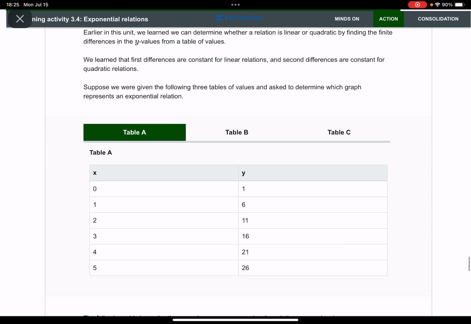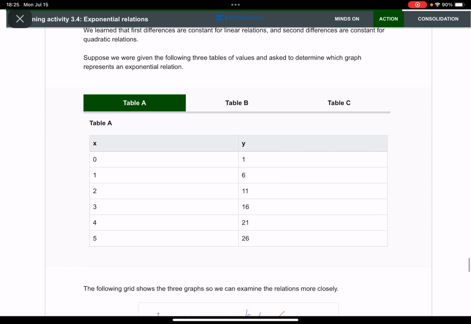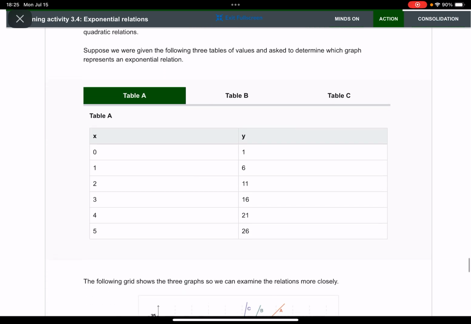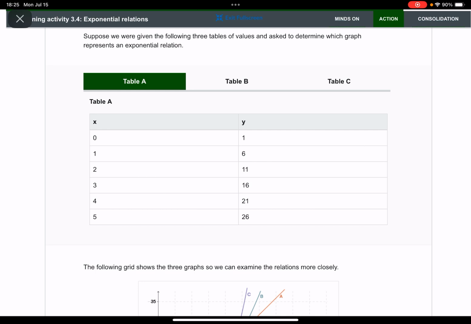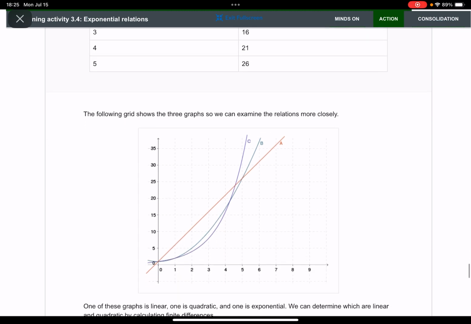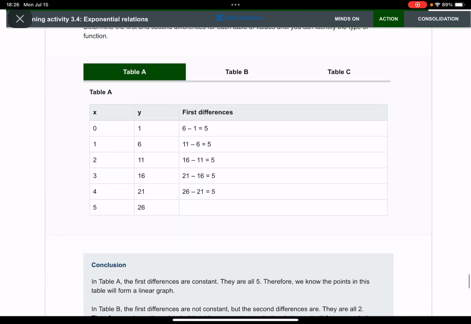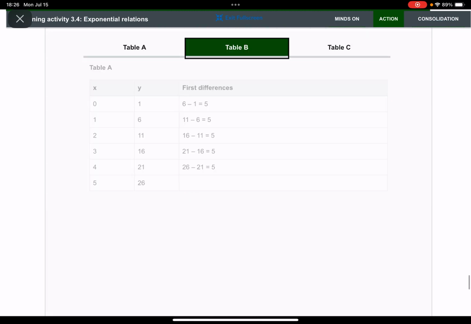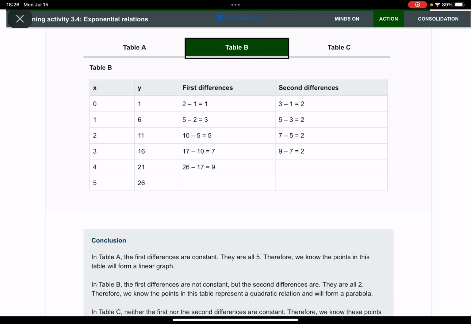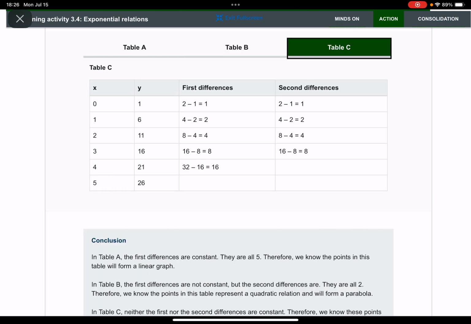And you could also determine these functions, if it is exponential, based on a common ratio. It will describe it in here. So you'll see there's first differences for some of the functions, second differences for table B, but for table C, what you're actually looking at is that they are different first differences and second differences, meaning it's not linear or quadratic.